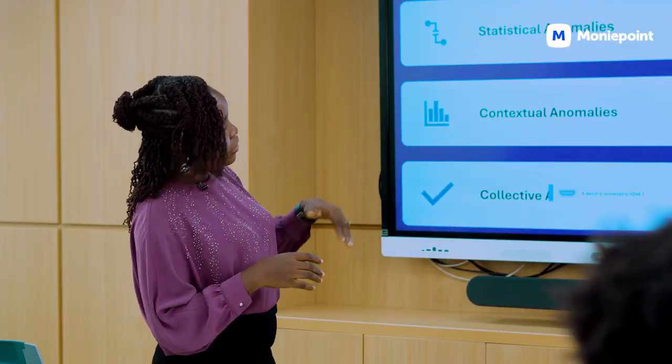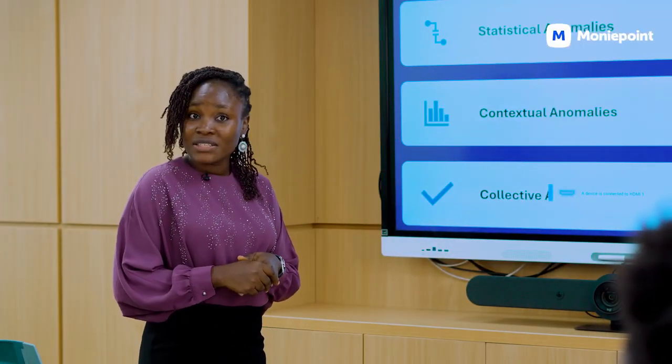So what are anomalies? I would say an anomaly is an observation that deviates so much from other observations, with the suspicion that it was created by another mechanism. So we have different types of anomaly. We have statistical anomaly. We have contextual anomaly that has to do with time.